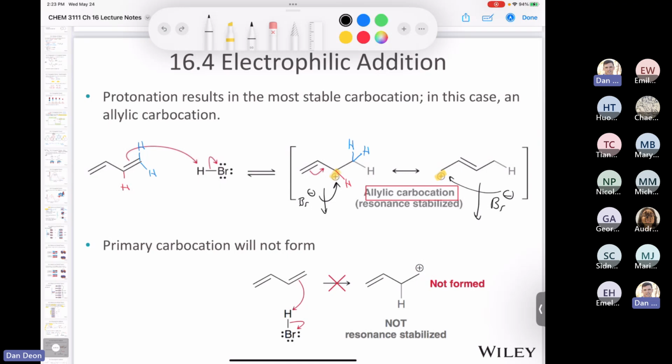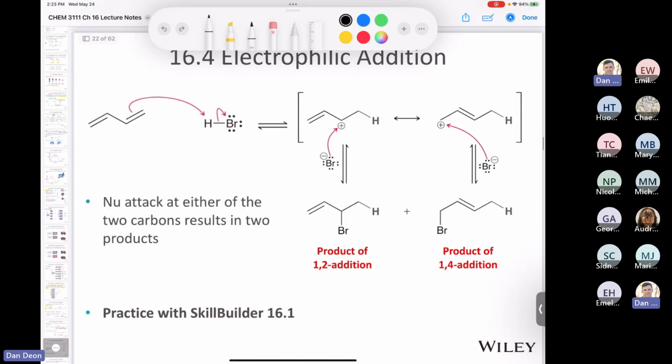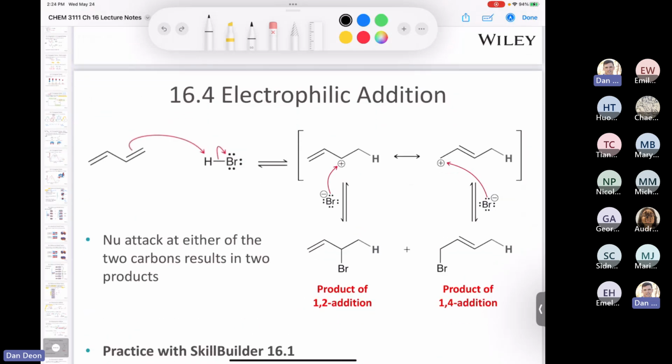So usually students have this thing figured out pretty quick because they'll say, okay, well, if I add to the carbocation on carbon 2, if I number this 1, 2, 3, 4, I get the 1,2 adduct. And if I add it to carbon 4, 1, 2, 3, 4, I get the 1,4 adduct. All right. So give me a thumbs up if you follow me on the mechanism just by looking at it for the first time.